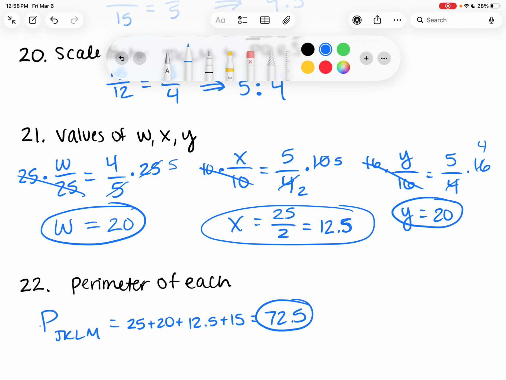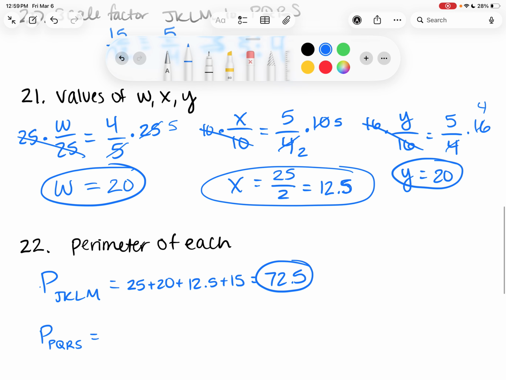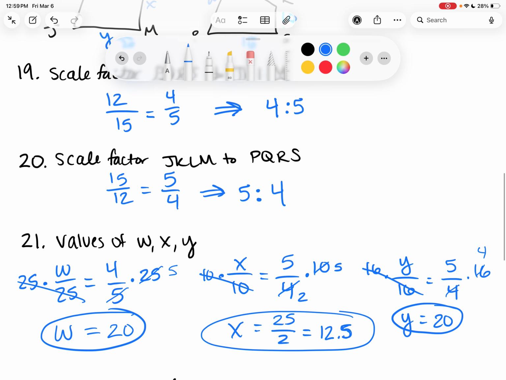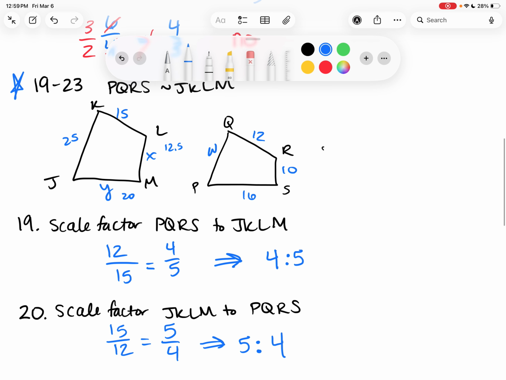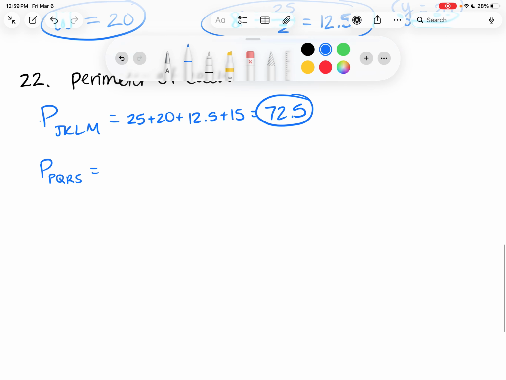And then I'll do the same thing, but for the other one, the perimeter of PQRS. So then I've got 12 plus 10 plus 16 plus 20. And so that perimeter is 58.